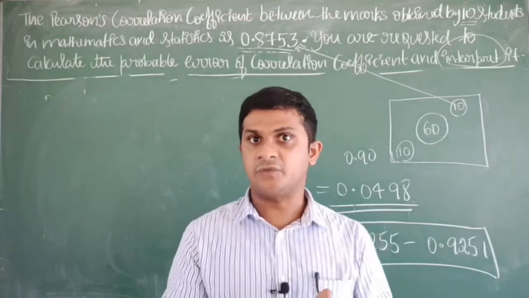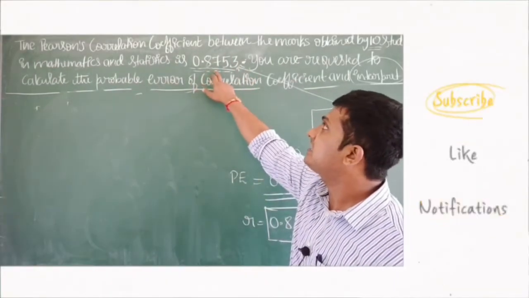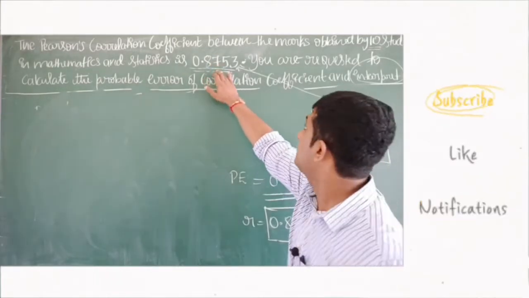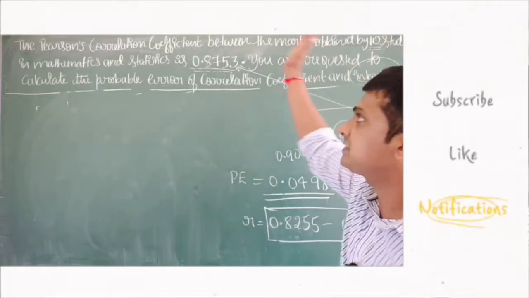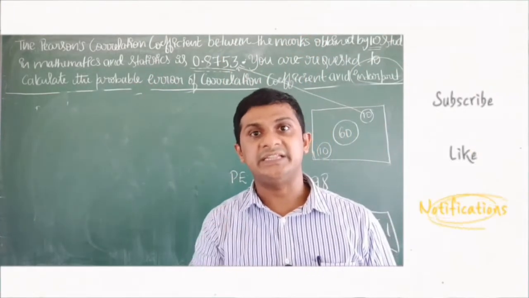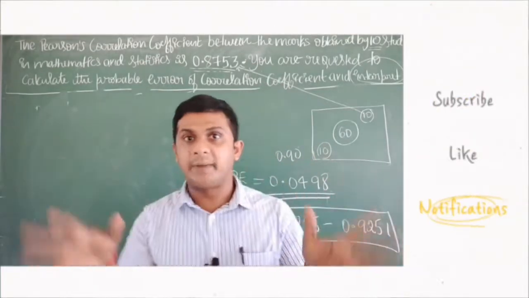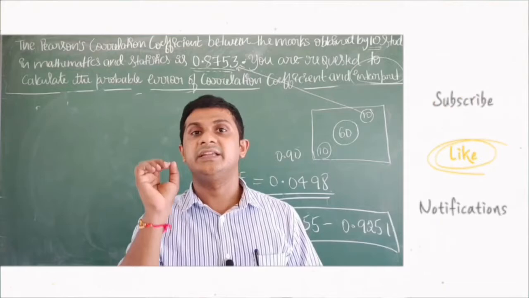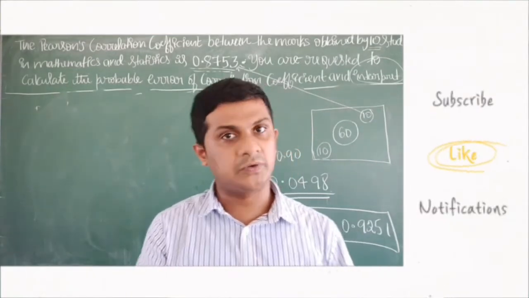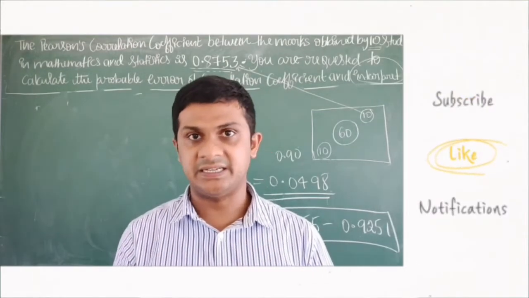In that backdrop, to write an interpretation here, I would say there is a high degree of positive correlation between the marks obtained by students in mathematics and statistics, and this value is significant. This is one way you can write, and if you want to combine everything together, you can say there is a significant high degree of positive correlation between marks obtained by the students in mathematics and statistics subject.